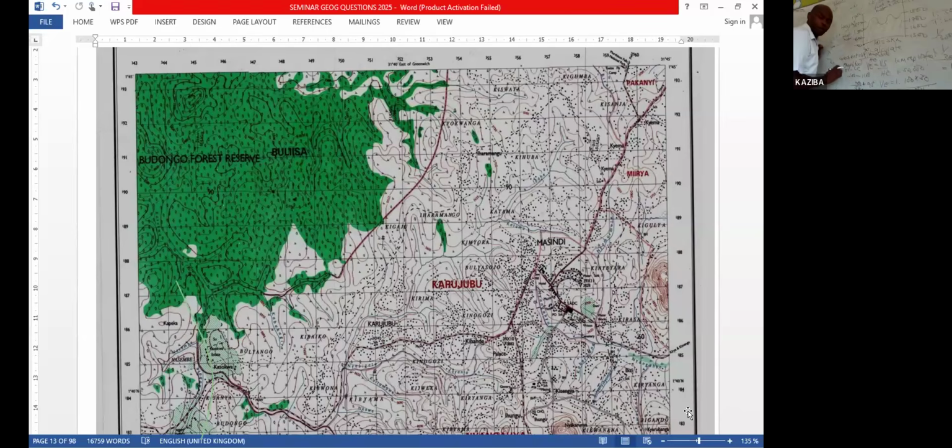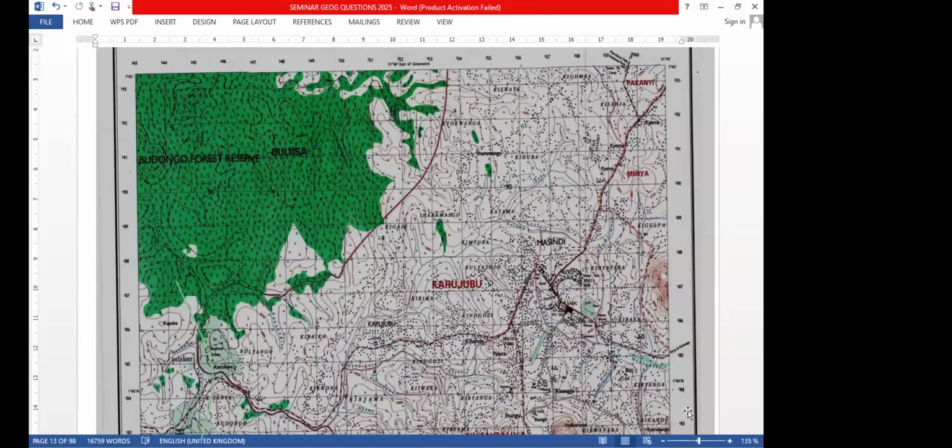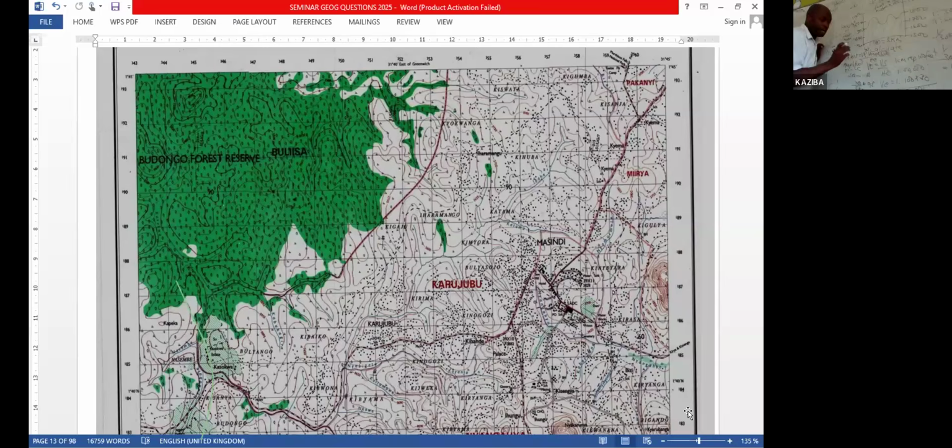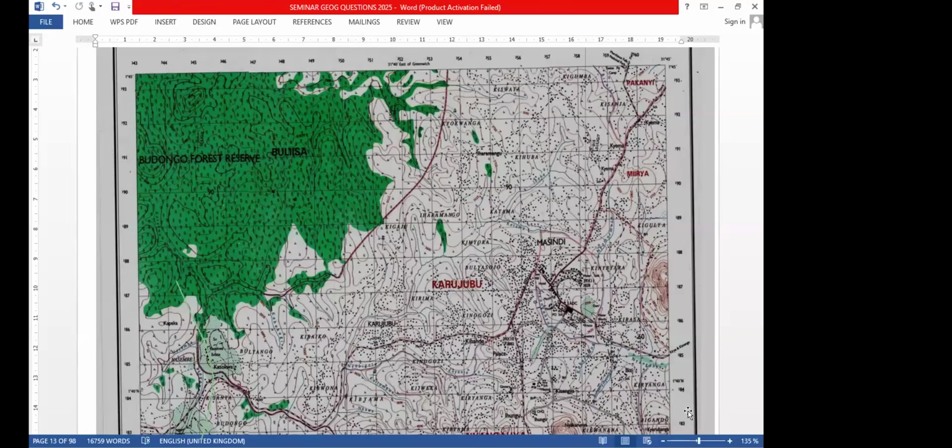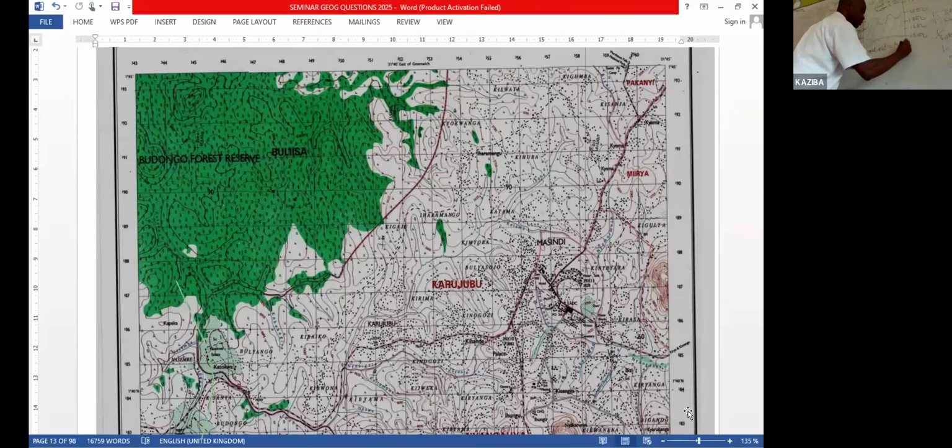I've said the formula for gradient is amplitude over horizontal equivalent. Amplitude is the distance between the highest contour and the lowest, which we are plotting here. The gradient is equal to amplitude over horizontal distance.